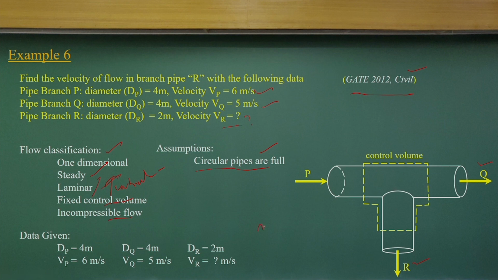If you remember, for steady problems, the mass per unit time coming in should be equal to the mass per unit time going out. So, being a steady problem, the rate of mass coming in should equal the rate of mass going out from this control volume. That is the thing.